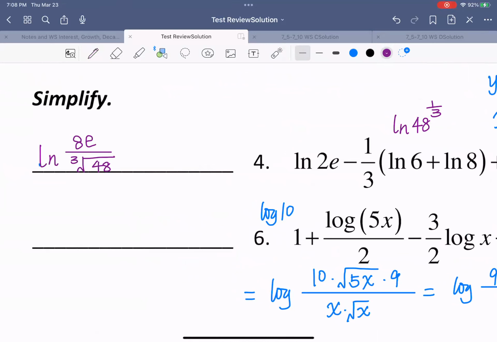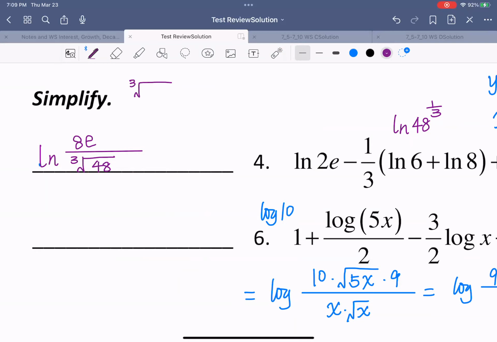Sometimes the school teacher doesn't allow you to leave the radicals in the denominator. So you want to multiply by something to get rid of these radicals. What number do you want to multiply here? Cubic root of 48 squared?